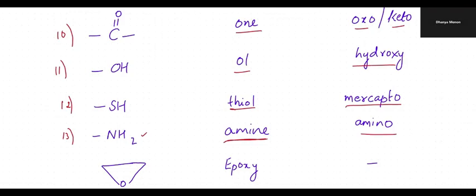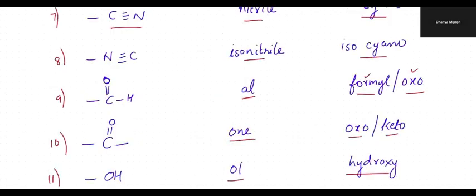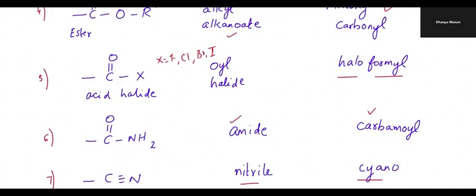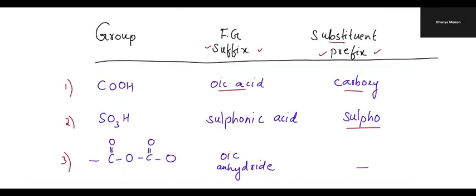The 14th one is epoxy. Epoxy usually prefix we don't use. So these are the different functional groups, and when it is a suffix, what is the name we use, and when it is a prefix, what name we use is written here. Okay, so you can take a screenshot.